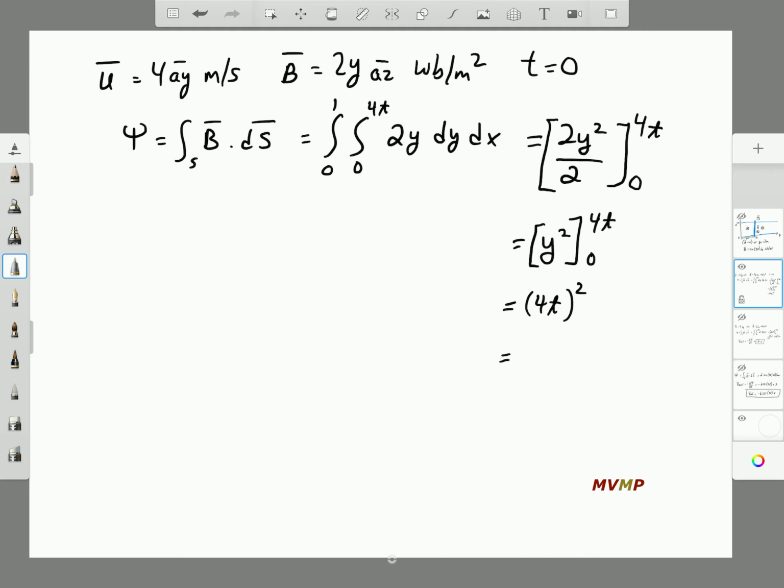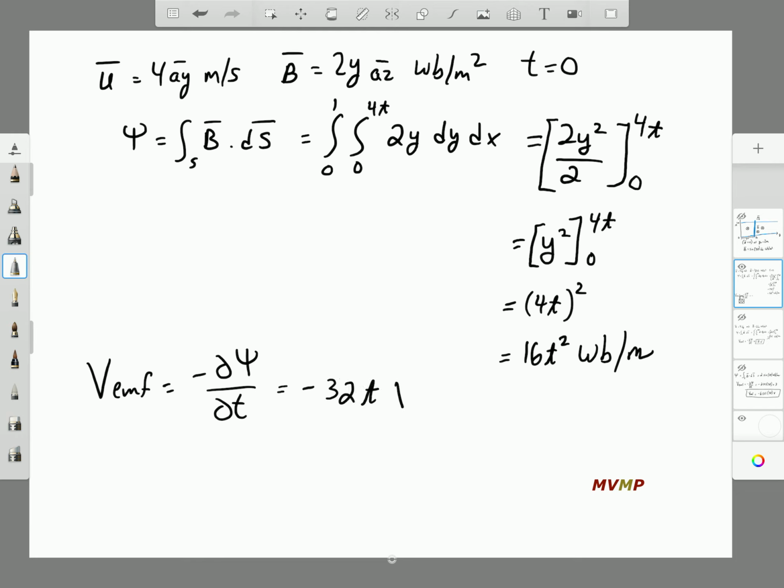So this will just be 16t squared per meter. So now Faraday's law of EMF, the negative derivative of the flux with respect to time. Again, we take the derivative of the 16t squared, so it'll still be a negative. That just becomes negative 32t volts. That's our answer for that one.